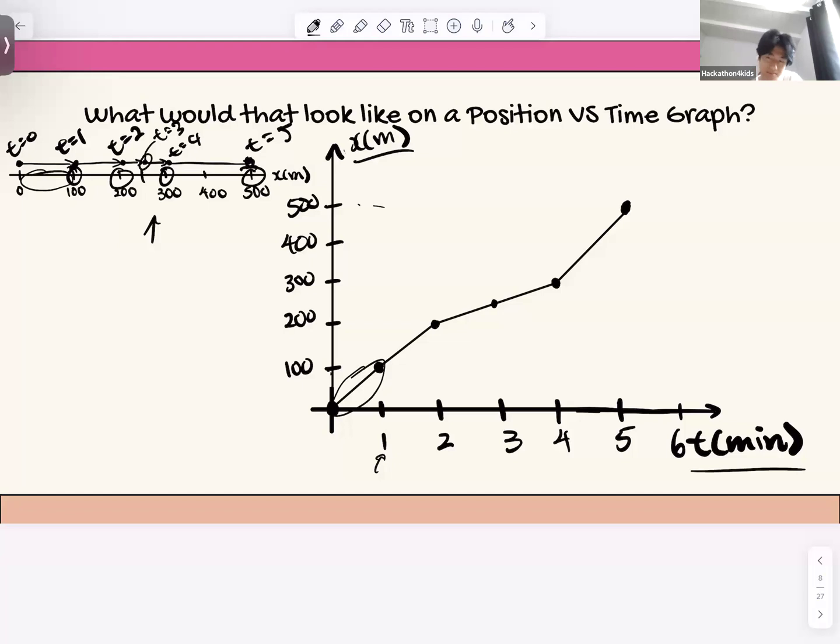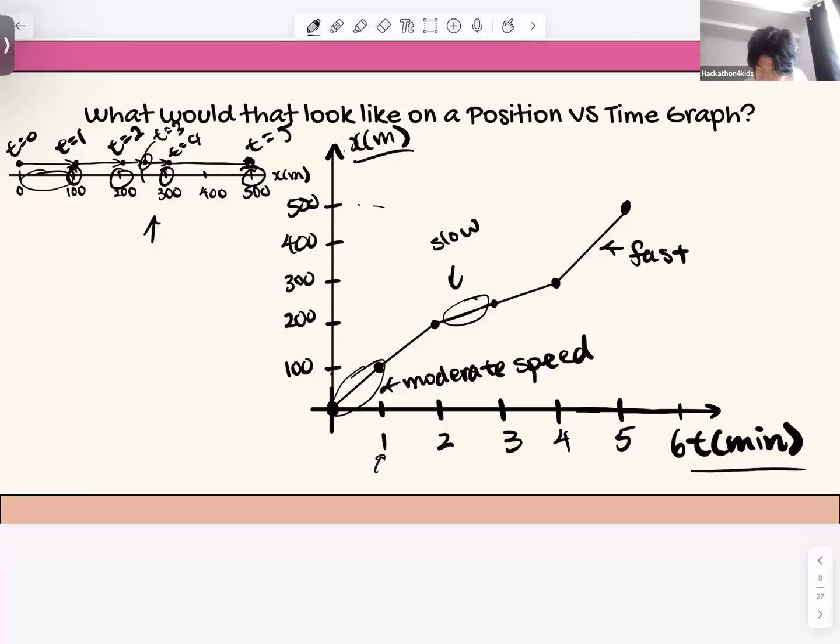He's walking slower, and we can see that the slope of this line is a little less steep. And then from t=4 all the way to t=5, he's going pretty fast, right? He covered 200 meters in 1 minute.